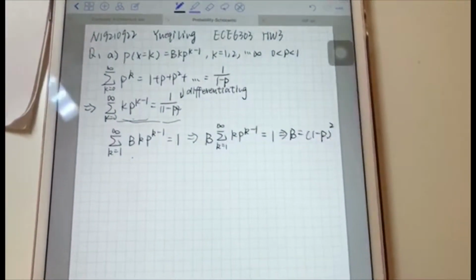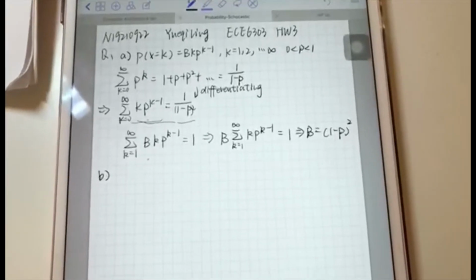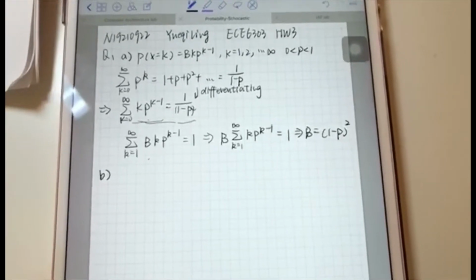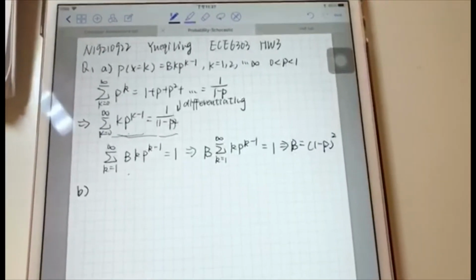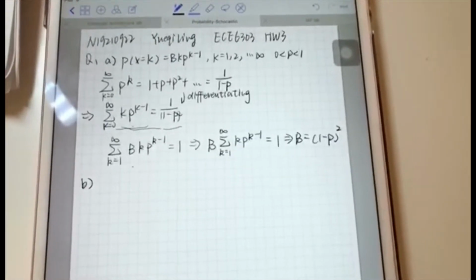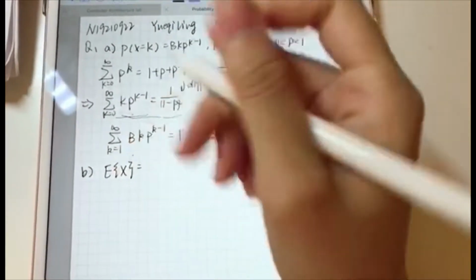Now we turn to question B. Question B asks us to find the value of E(X). So we should first write the expression of E(X). That will be this.